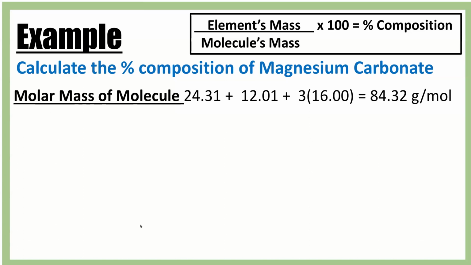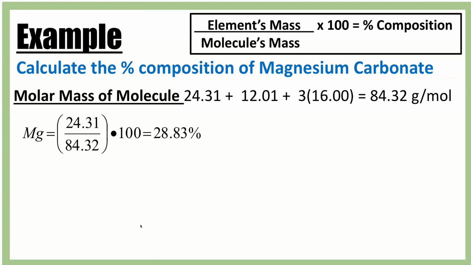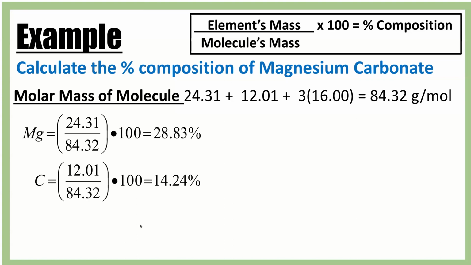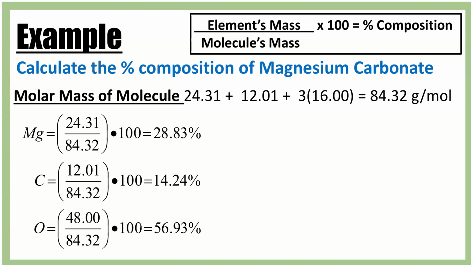So, we look at magnesium carbonate, and we can add it up. The formula is MgCO3. As we can see, 1 magnesium at 24.31, 1 carbon 12.01, and there are 3 oxygens, each at 16 apiece. All right, easy enough. So here's magnesium, here's carbon, and lastly, oxygen.